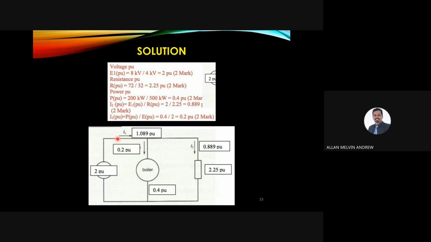Here we can see you have a load current. One current is going here, one more current going there based on Kirchhoff's law. First we calculate for this, so we call it E1. 8 kilovolt divided by 4 kilovolt.